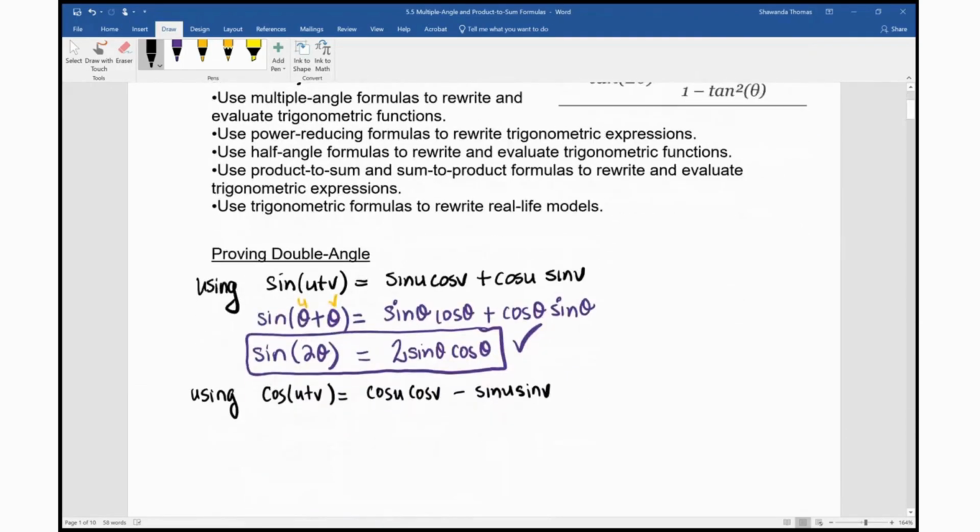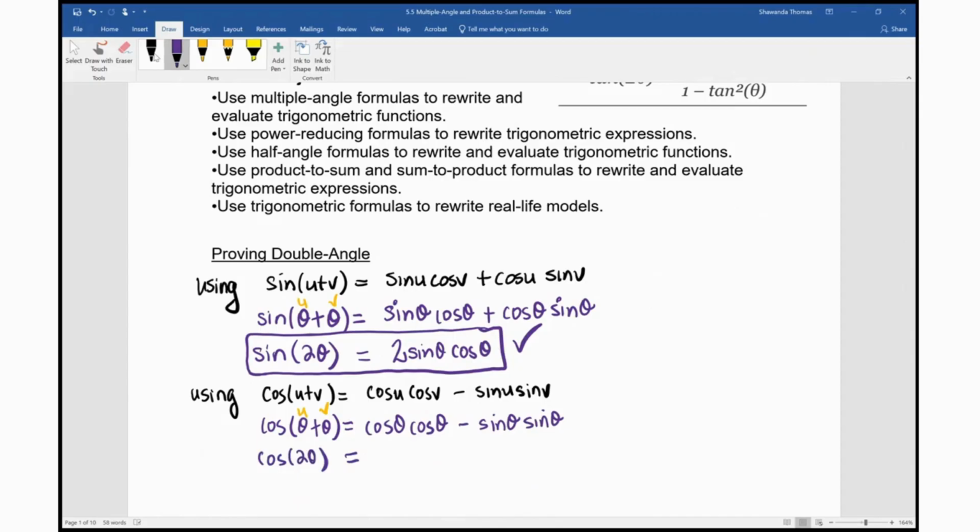So again, that would be cosine of theta plus theta. Again, for both u and v, we're using theta. So this shouldn't be too hard. Cosine of theta cosine of theta minus sine of theta sine of theta. So that would be cosine of 2 theta.